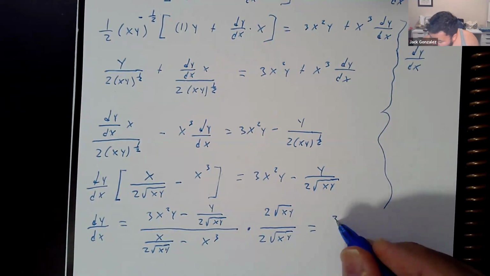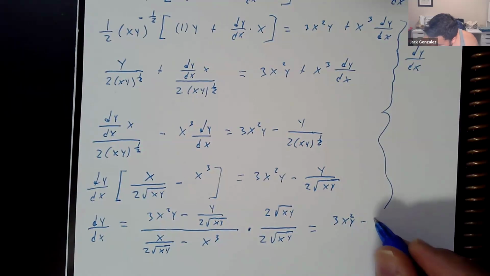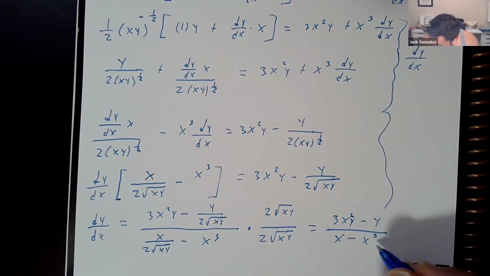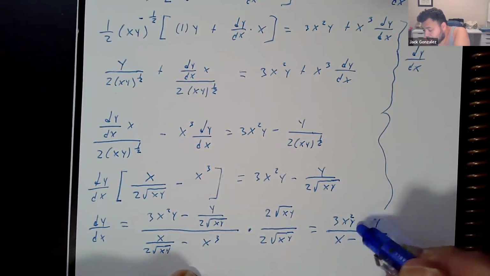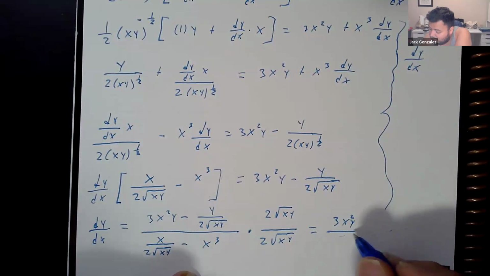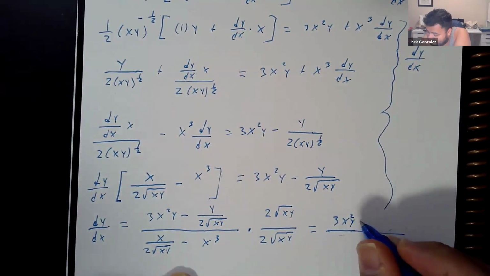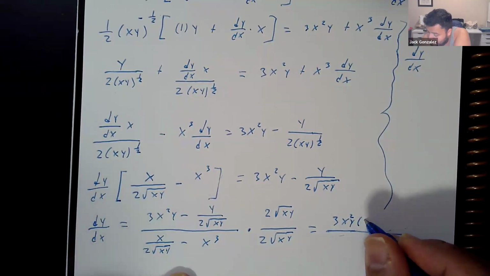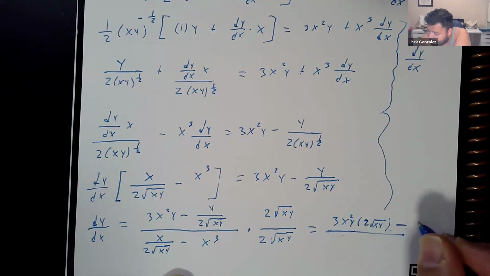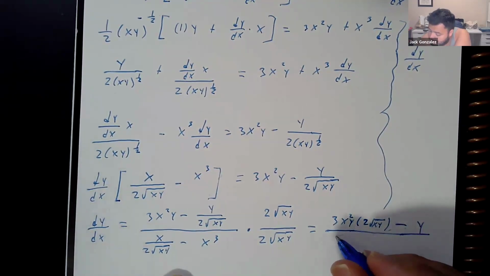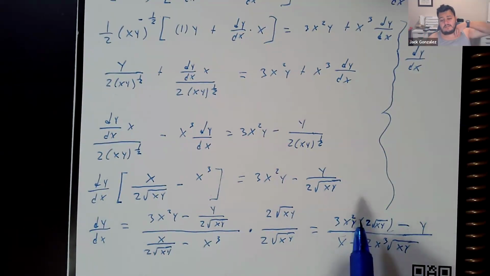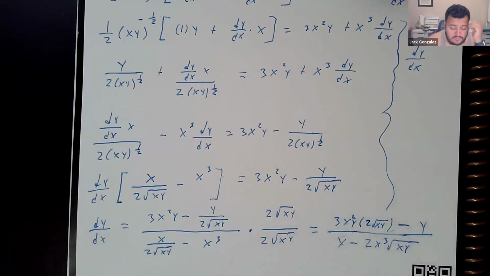So the prettiest I can do is this. Technically, I can multiply the 2 and the 3, but I'm gonna leave it there because I'm out of space.